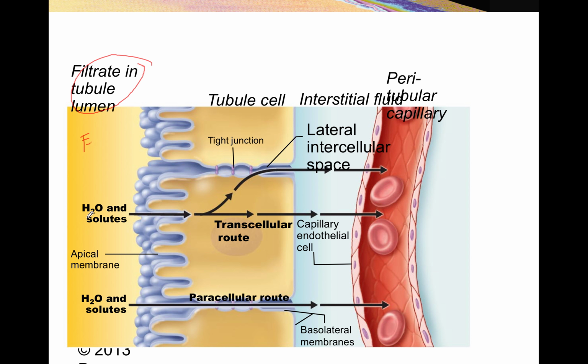So water and solutes enter from the filtrate, passing through the apical membrane, through the cytoplasm or cytosol, out of the basolateral membrane, into the interstitial fluid, and eventually into your bloodstream. Versus the second route, the paracellular route, where you're passing through your tight junctions. Notice you have tight junctions, same thing right here, so you're bypassing or leaking through your tight junction to eventually end up in your bloodstream.